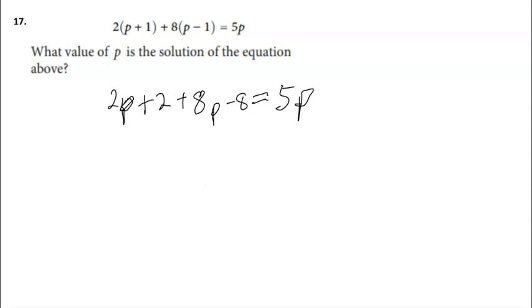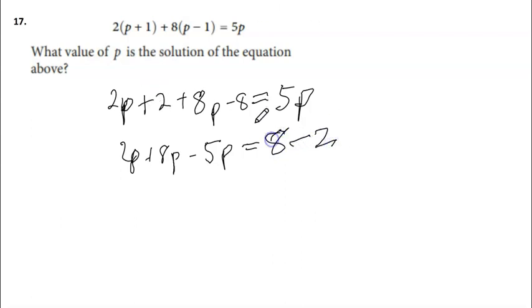Okay, so I count the number of terms. Here I can simplify already, but let's just group the terms. So we have 2p plus 8p on the left minus 5p. And then on the right, I move the 8 over, minus 8. And then I move the 2 over, minus 2. Remember, when you cross the equal to sign, the sign in front of you changes. That's why 5p becomes minus 5p.